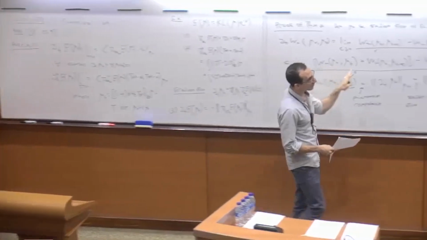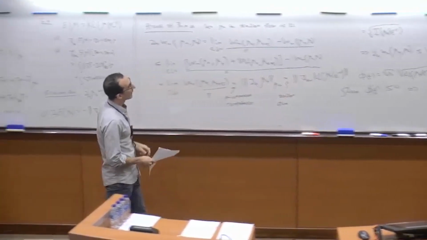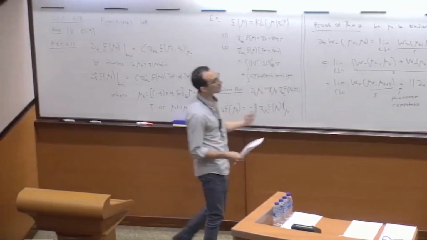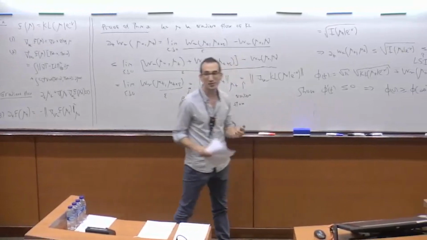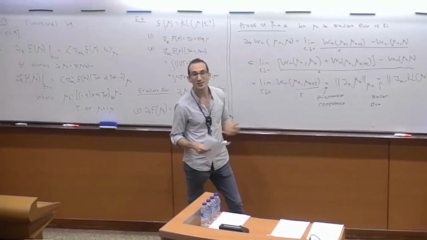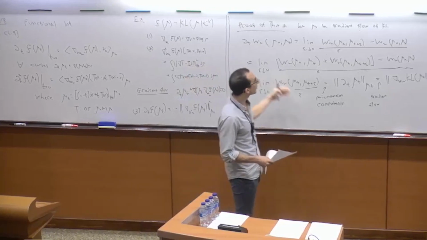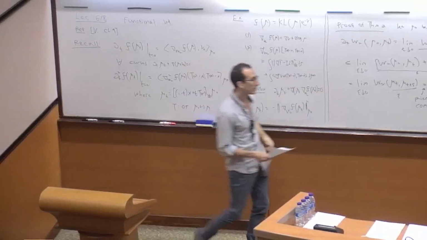So what I want to show you next, I'll just sketch, and maybe we'll finish a little early today. I just want to sketch how to get some results when we just have convexity without strict convexity, or even when we don't have convexity at all. We just have semi-convexity. So we don't expect to get exponential convergence, but hopefully we'll get something. So that's what I want to show you.